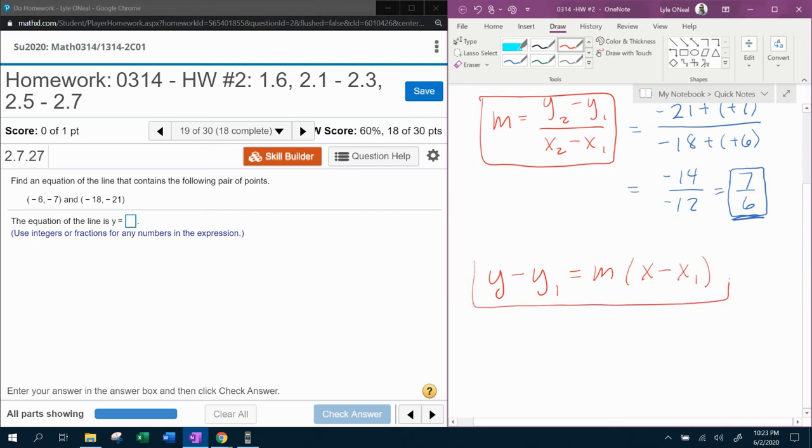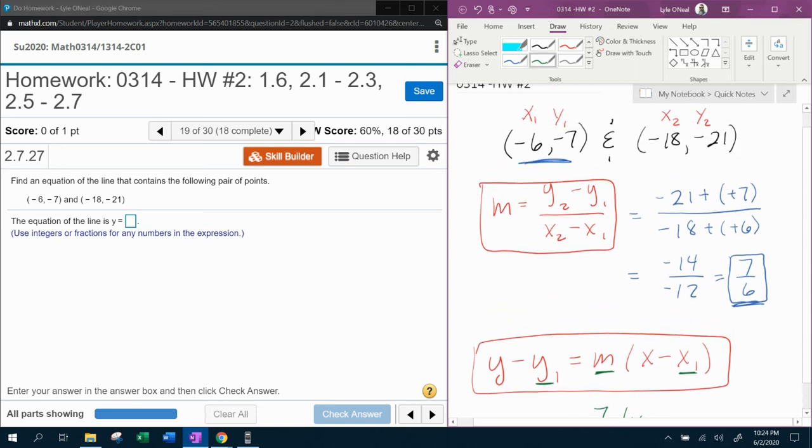So again, this is another formula we're going to have to make use of to get this equation. All right, so let's look at what we need here. We need m, x1, and y1. So I have m, the slope is 7/6, x minus.